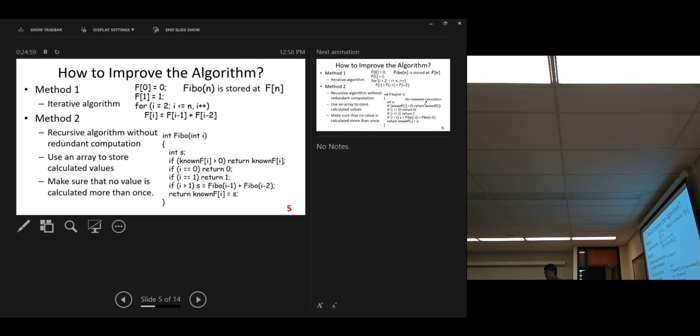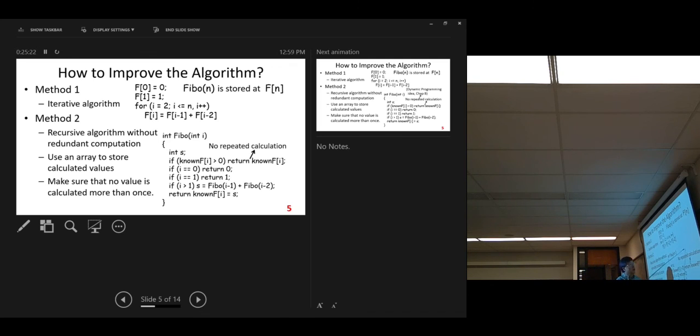You cannot. Sometimes we have to use the recursive method, so we cannot avoid that stack. This idea is a big idea we used here.